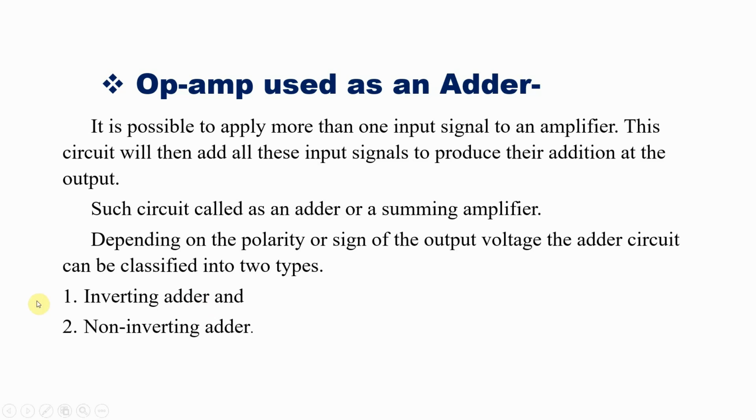Then this adder is known as an inverting adder. Non-inverting adder means when the input signal is applied to the non-inverting terminal of the op-amp, the output is the addition of the input signals, and output and input are in the same phase. There is no inversion. Then this circuit is known as a non-inverting adder.